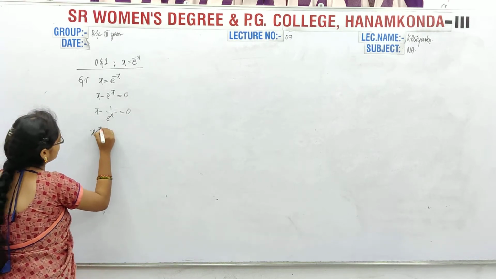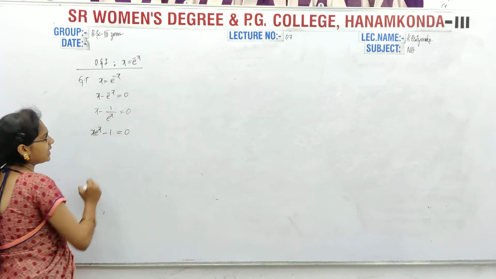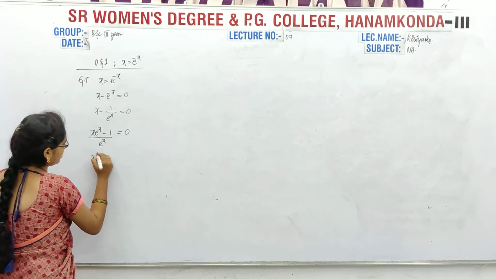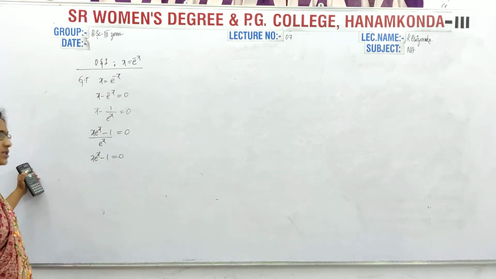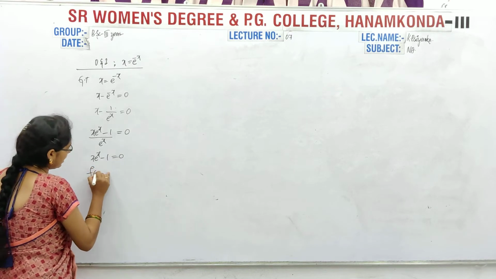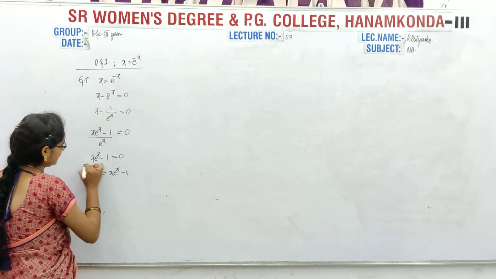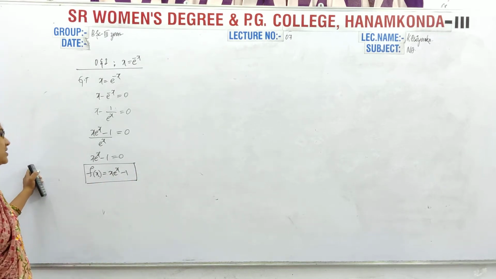Taking the LCM, we have x e power x minus 1 equal to 0. Therefore f of x is equal to x into e power x minus 1, which is nothing but the function.